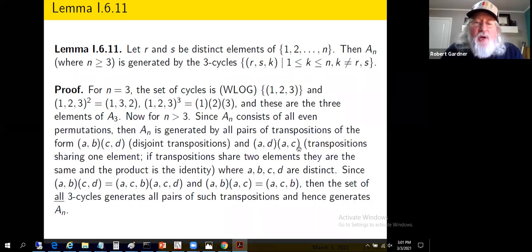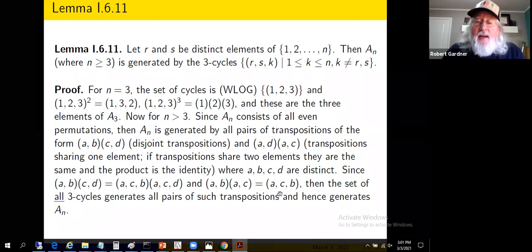Let's maybe jump ahead just a little bit to this statement here. Here we've got a cycle (A, C, B), and that 3 cycle can be written as a transposition (A B) times transposition (A C). A is mapped to C as required.